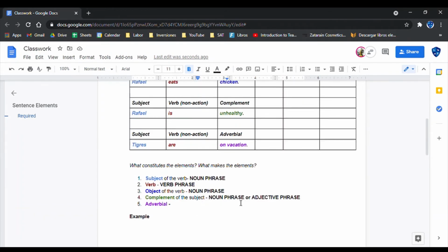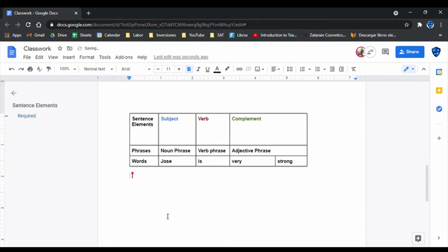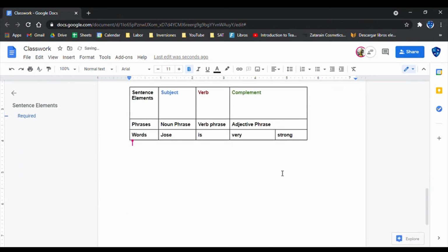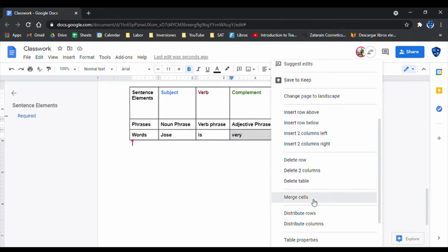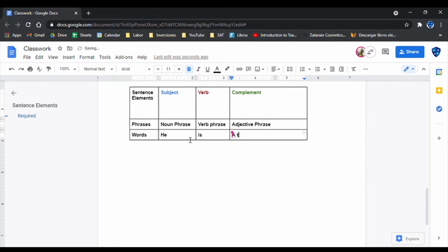So complements can use adjective phrases, but they can also use another noun phrase. Take this example. In these sentences, strong, what does it mean?